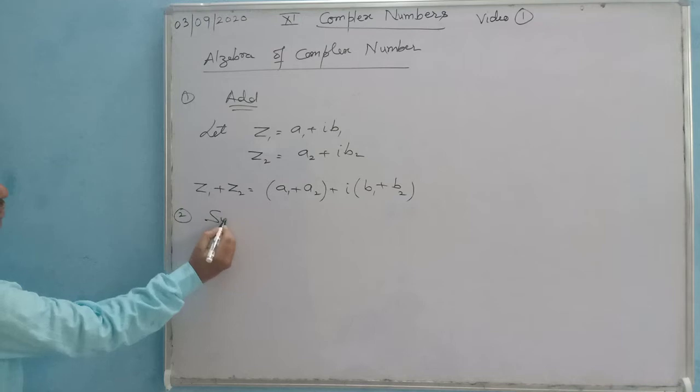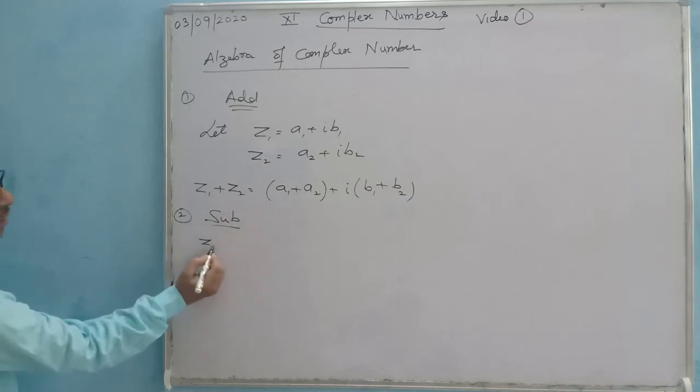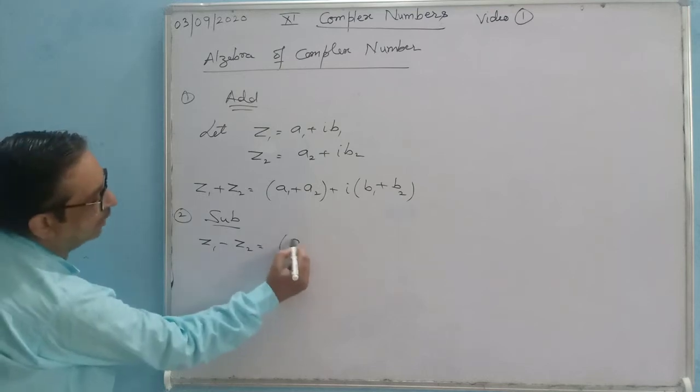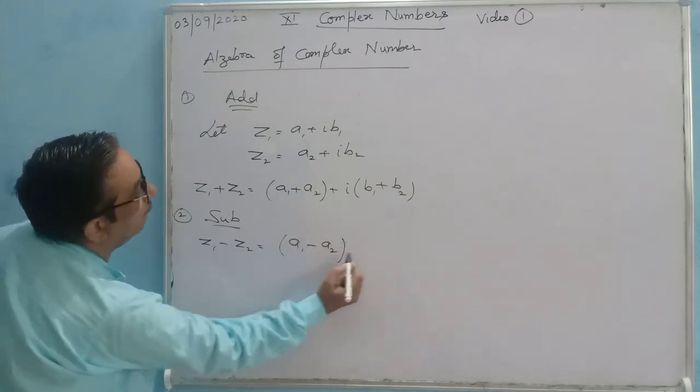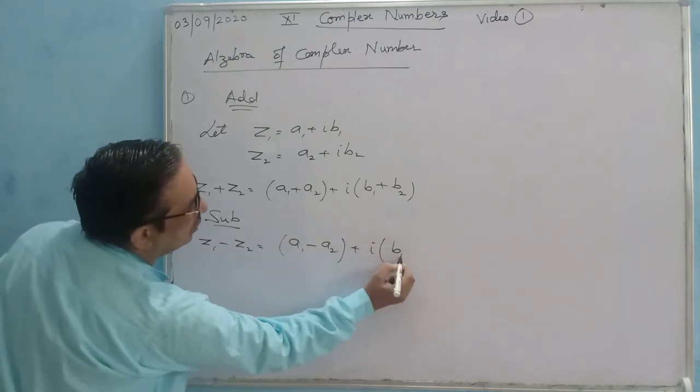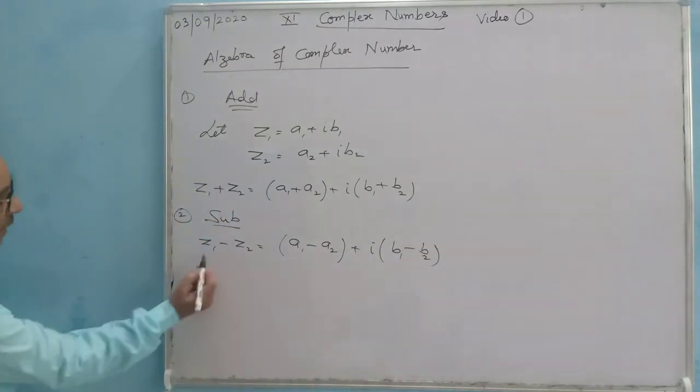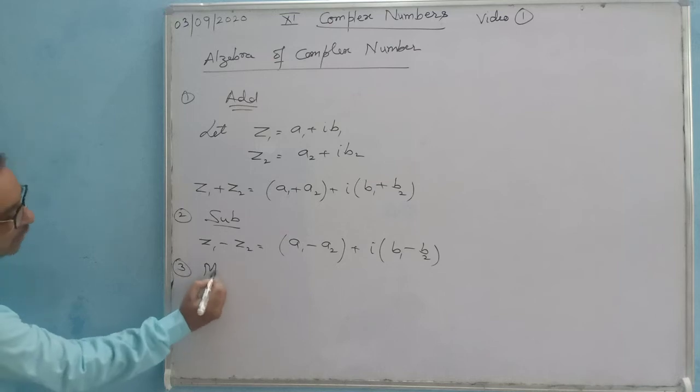Next, subtraction. Subtraction is the same way: real minus real, imaginary minus imaginary. Now the third is multiplication.